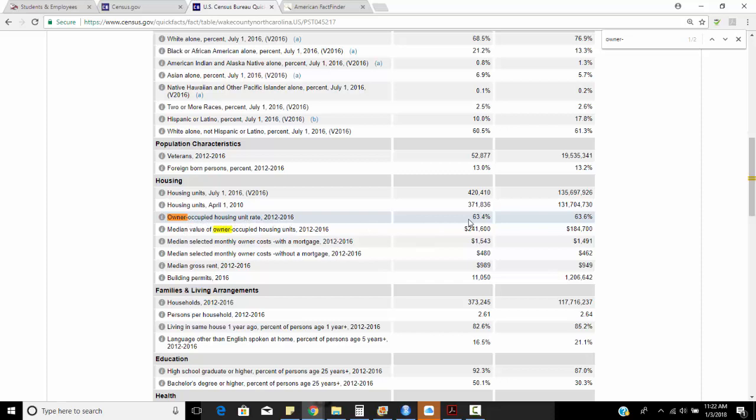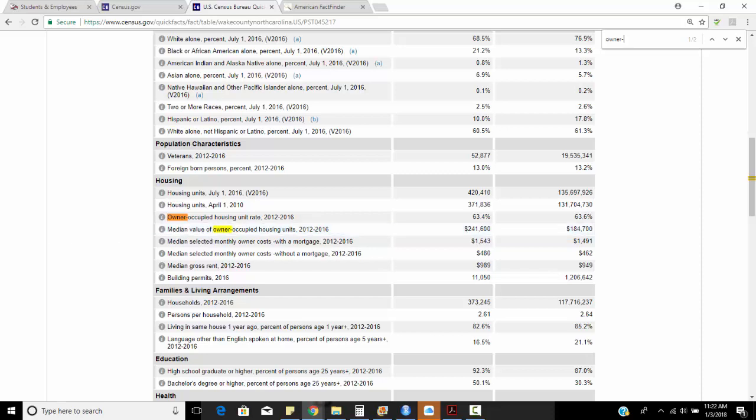In this case, it's 63.4% compared to 63.6% for the entire U.S. This is the median value of owner-occupied housing units. So make sure you look up the right attribute that I'm asking for, because if you were to look up owner-occupied, there's 2 particular places where it appears.